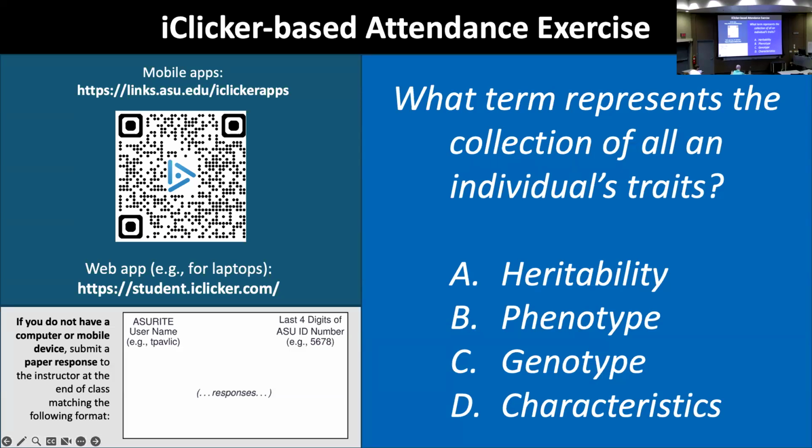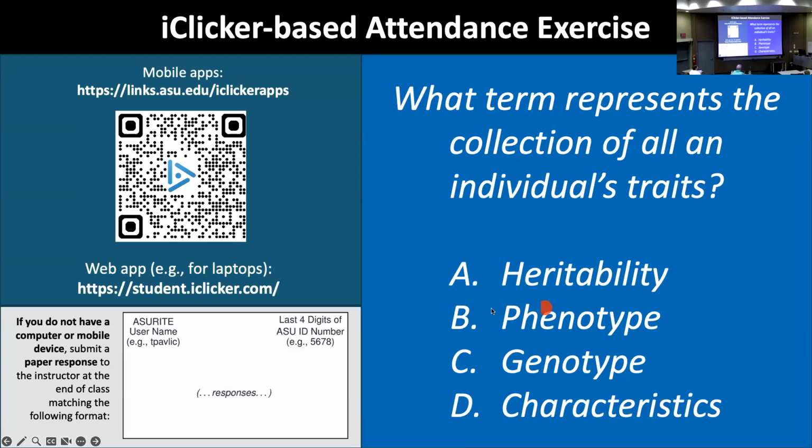So let's see how people are doing. All right, we have a large fraction of the class. I'll wait a couple more seconds. Right now I'm seeing almost nobody here, lots of people here, a few people here, and a few more people here.